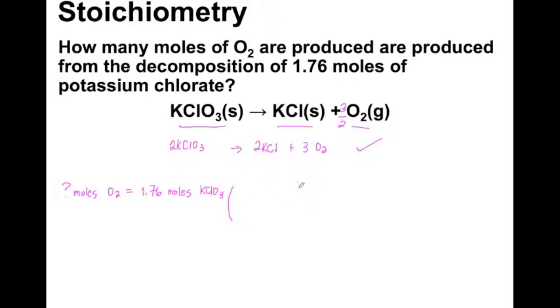It's a factor that is a fraction, okay? So we start with the denominator. We look at the coefficient of our given, which is potassium chlorate. So that's 2. So we have 2 moles of potassium chlorate. And then in the numerator, we write the coefficient of our target substance, which is O2 or oxygen.